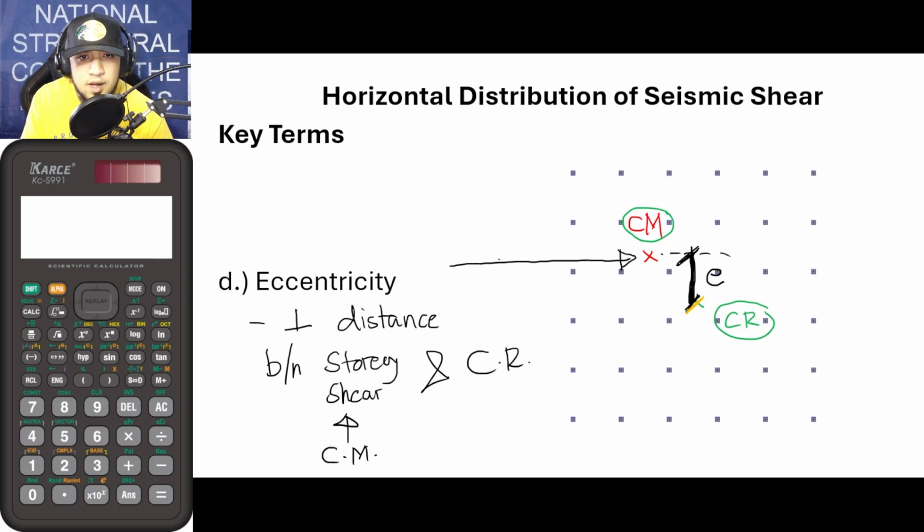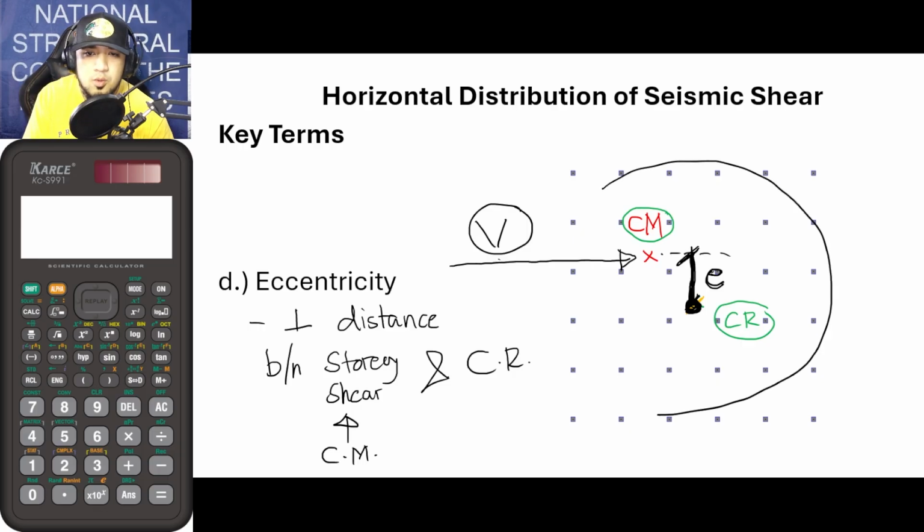So, let us first analyze this story shear. Again, let us name that story shear as V. If there is an eccentricity, then the presence of eccentricity would now be introducing a moment. And from that, guys, if this is the rigid point, and this is now your lever arm, and this is the force, the tendency of this building is that it will twist about this direction.